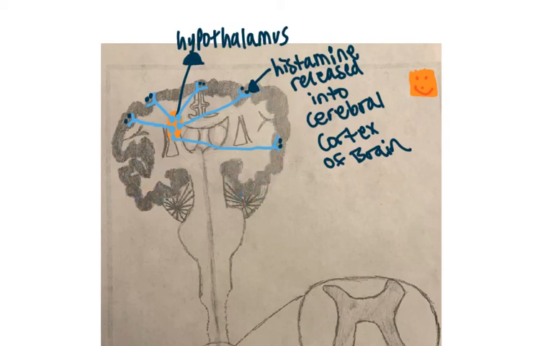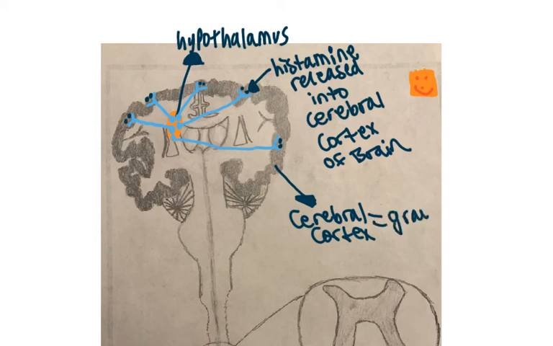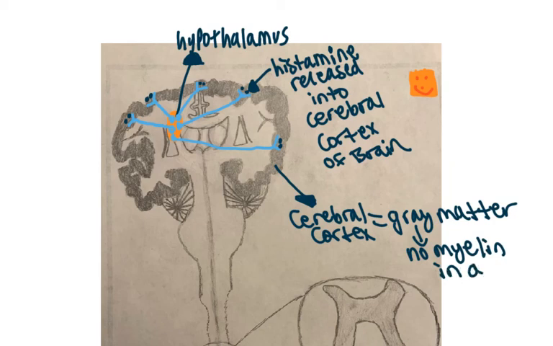Just a reminder, our cerebral cortex is gray matter. What that means is that we have unmyelinated axons, so no myelin in our axons. That's all gray matter means.